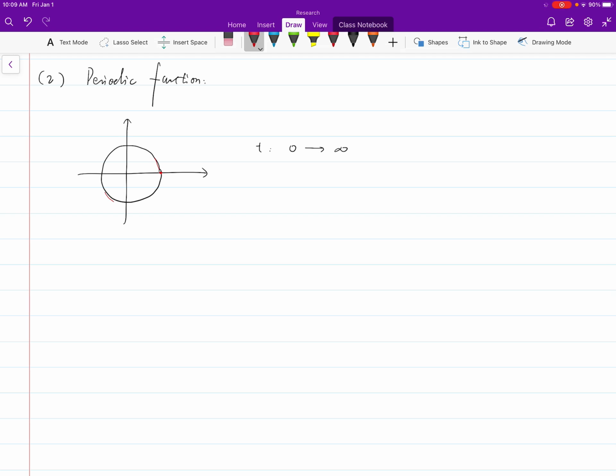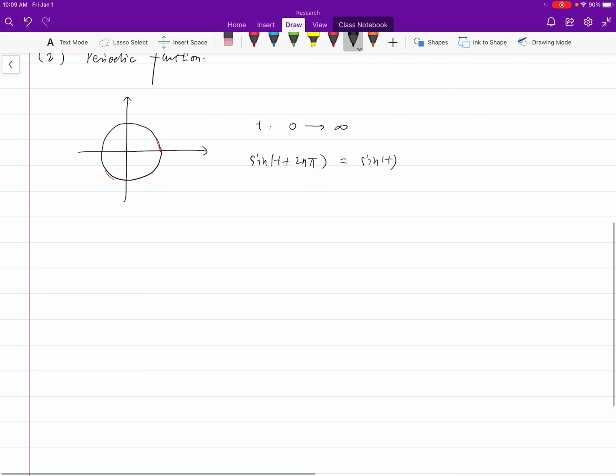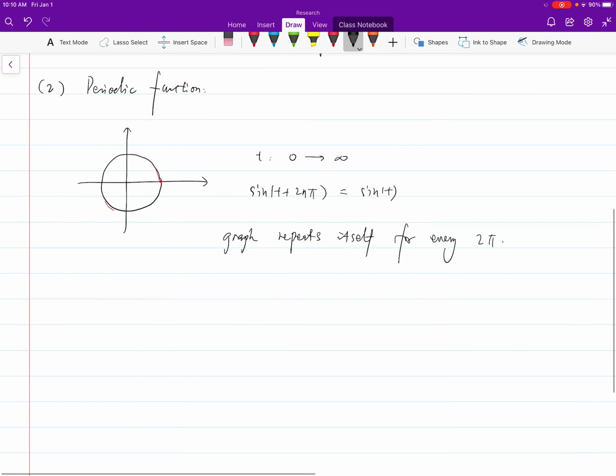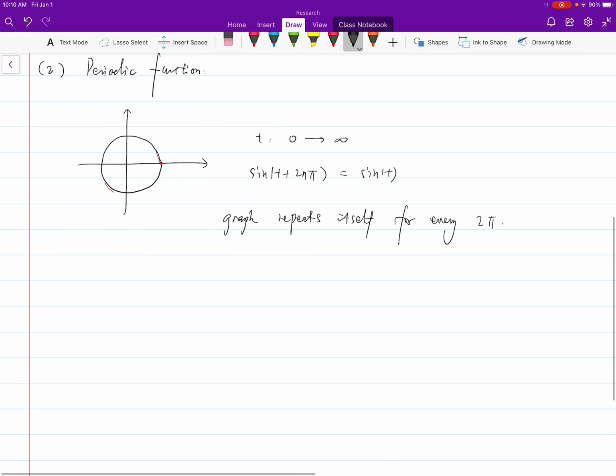But then they do the same thing again, because after adding the same value of 2 pi, you get exactly the same value. Therefore, you can see this graph repeats itself for every 2 pi. We call this a periodic function with a period of 2 pi.